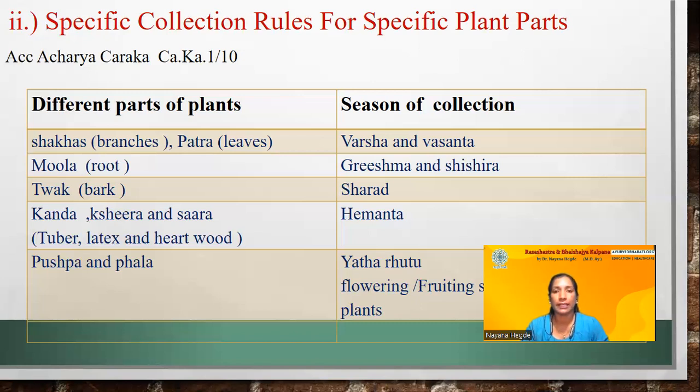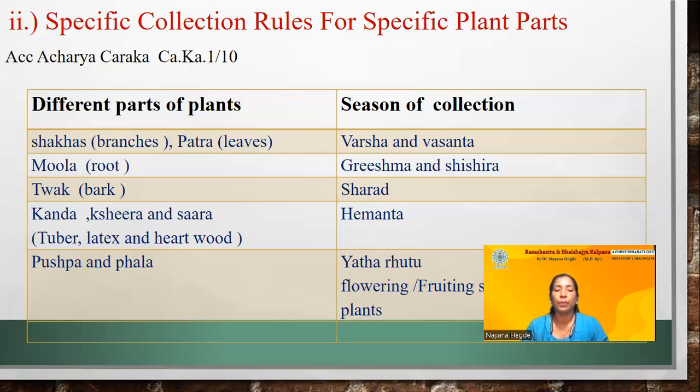If you are collecting these, it is better to collect in the Sharad Rutu. Kanda, Kshira, Sara. Kanda means a tuber, examples like Varahi Kanda, Vidari Kanda, then Kshira, Arka Kshira, Snuhi Kshira, Sara, Chandana, hard root. All these things should be collected in the Hemanta Rutu.